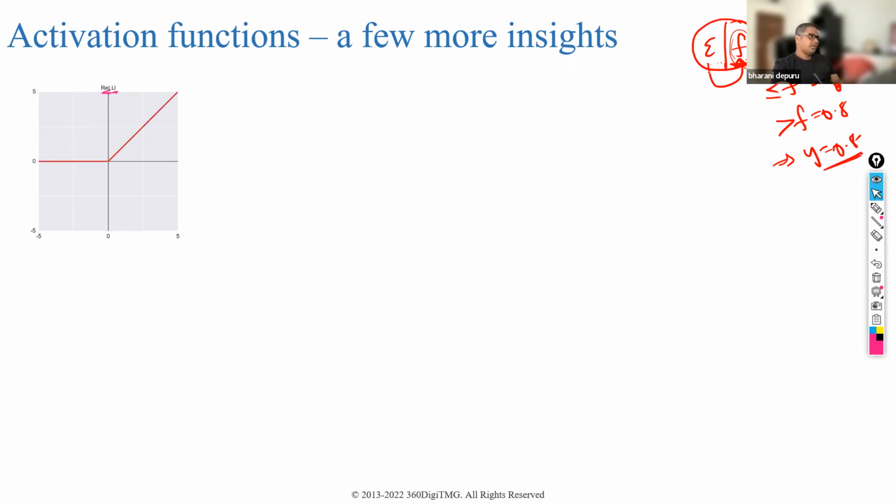If you are supplying this activation function some value, and that value is equal to 0.6, then the output also will be 0.6. That is the meaning of ReLU. So negative values it will completely remove, but for positive values, whatever positive value you have, exactly that would come out as an output.